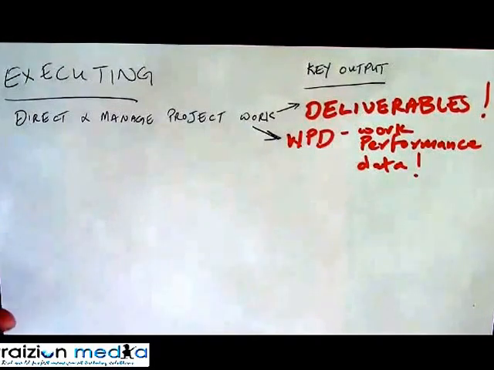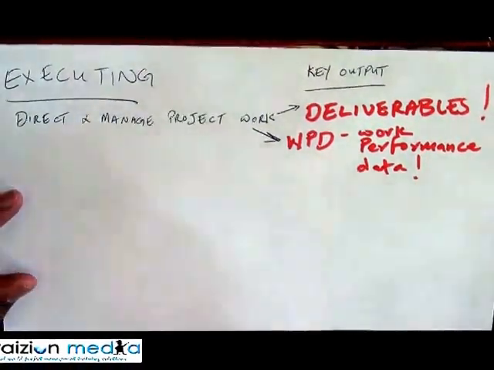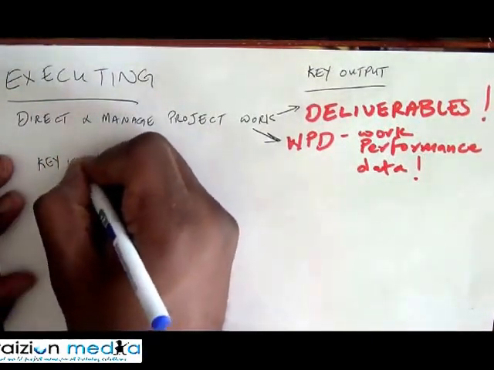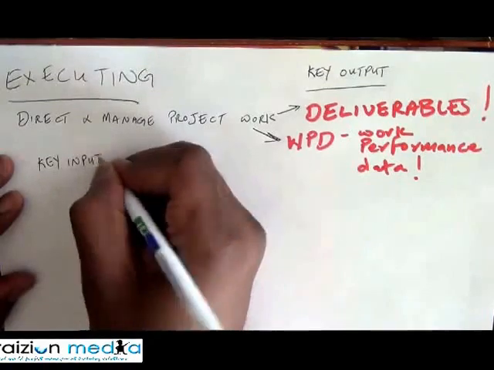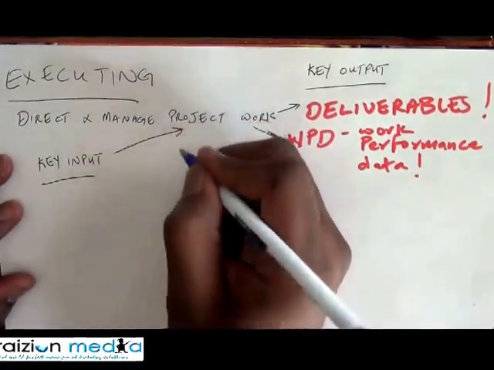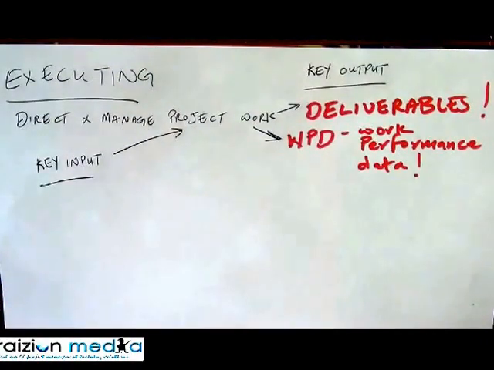Something else that comes to mind in the world of direct and manage project work is some of our key inputs. And the key input is what is actually going into this that makes it what it is.